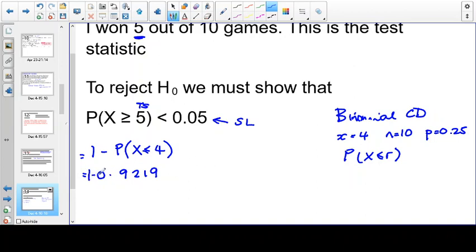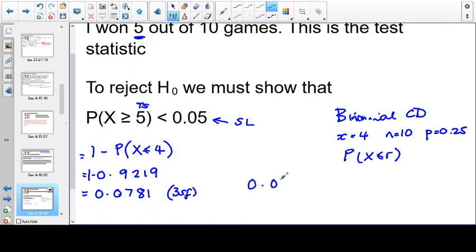Then 1 minus that is 0.0781 to 3 sig figs. So the chances of me winning 5 or more games is 0.0781 or 7.81%.